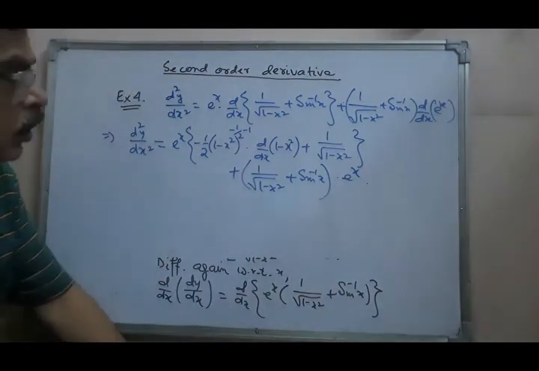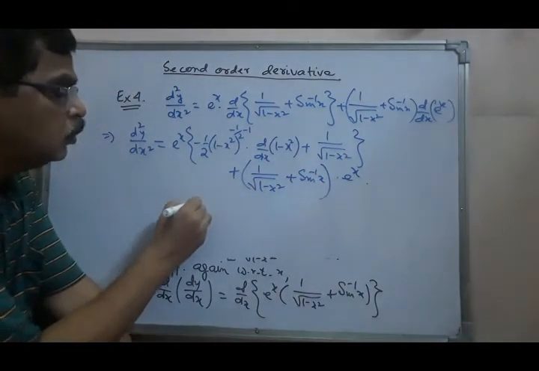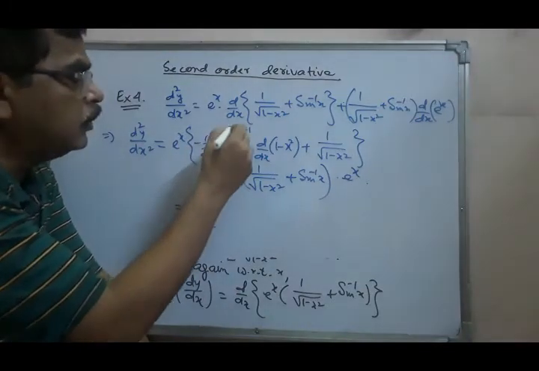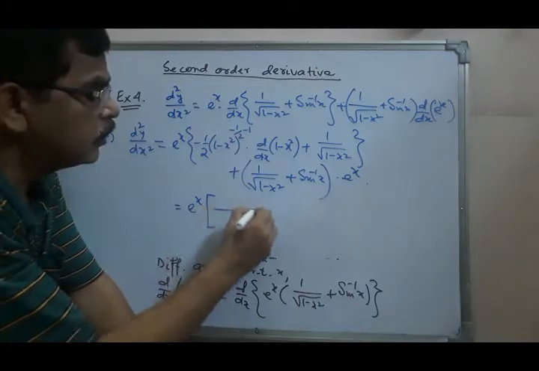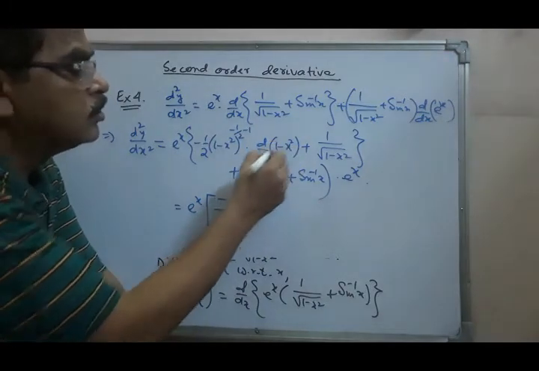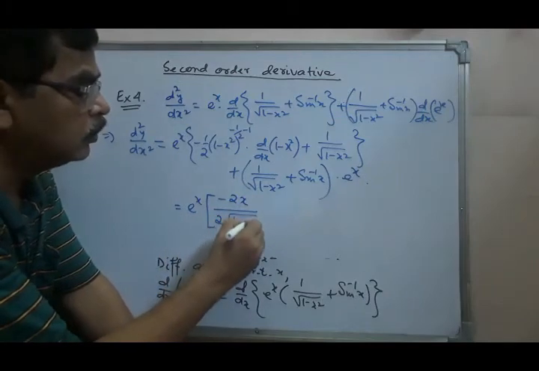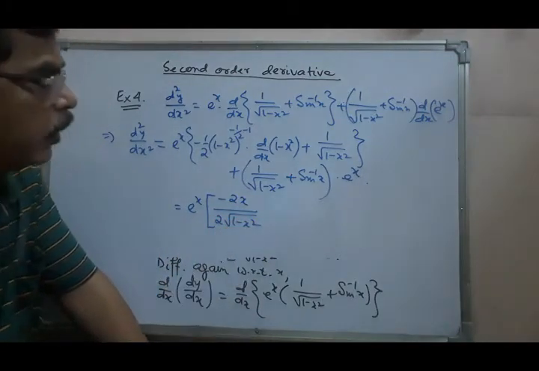So in the whole term e to the power x is common, so take it out and it will be simplified as minus, here the answer is minus 2x by 2 into root over 1 minus x square.